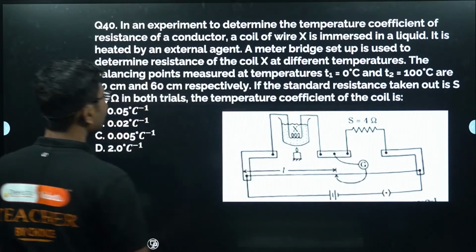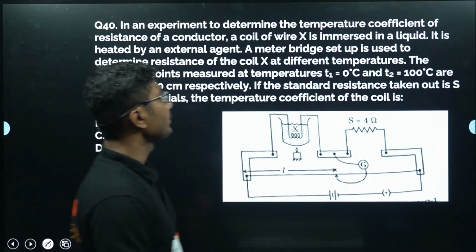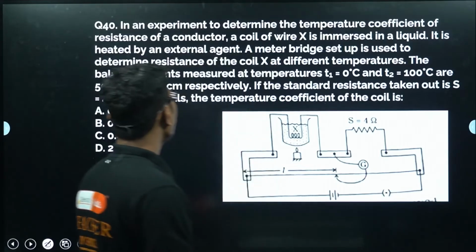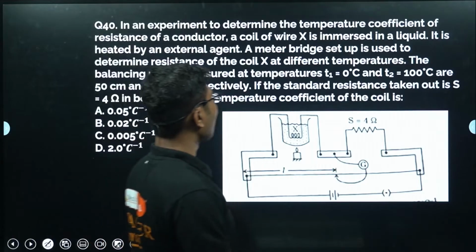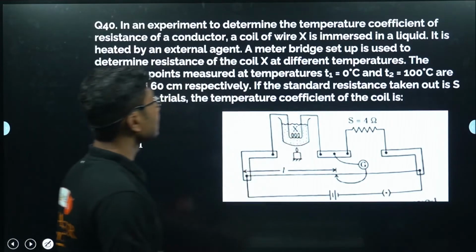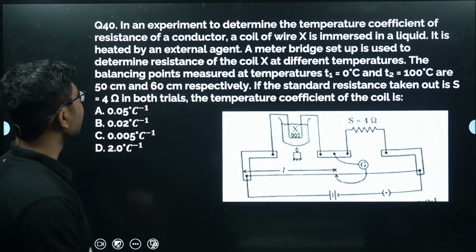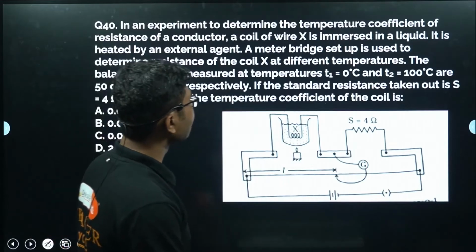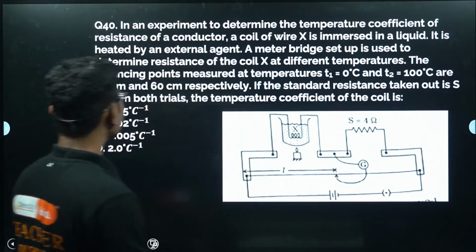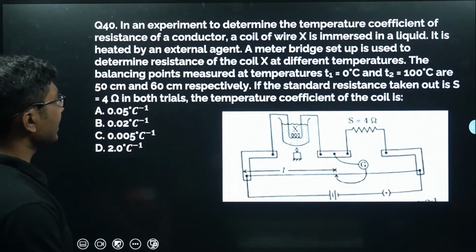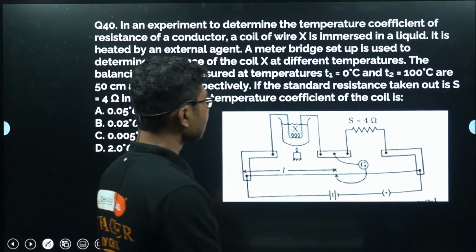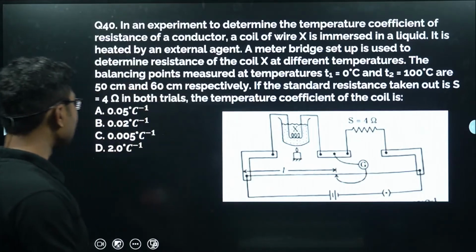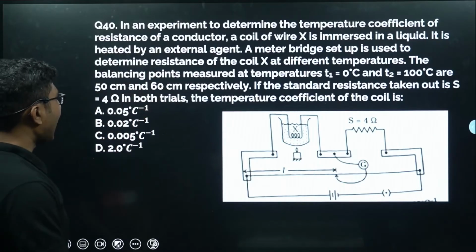In the experiment to determine the temperature coefficient of resistance of a conductor, a coil of wire X is immersed in a liquid. This is heated by an external agent. A meter bridge is set up to determine the resistance of the coil X at different temperatures. The balance points measured at temperatures T1 0 degree Celsius and T2 100 degree Celsius are 50 centimeter and 60 centimeter.